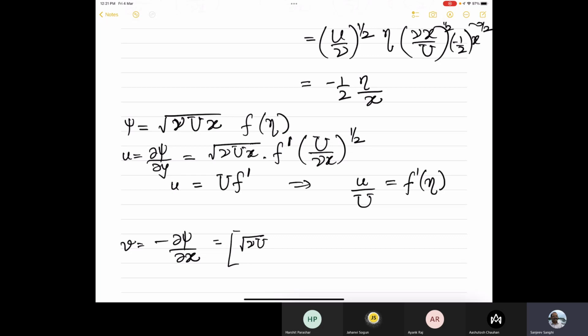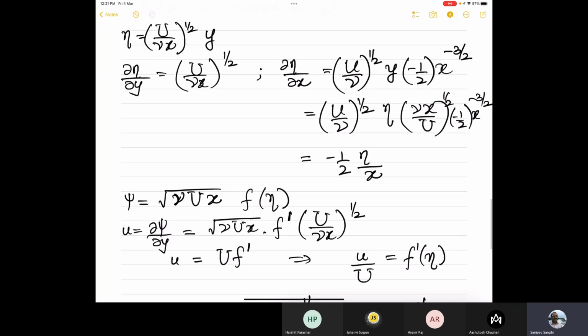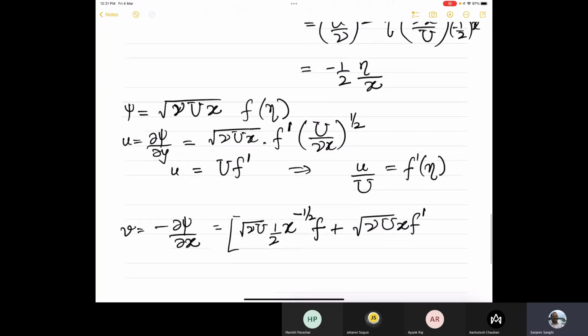So square root of x differential will become half times x to the power of minus half, and we have this f of eta. And then we have the second term, nu U x times f prime times partial eta by partial x, which is minus eta upon 2x.